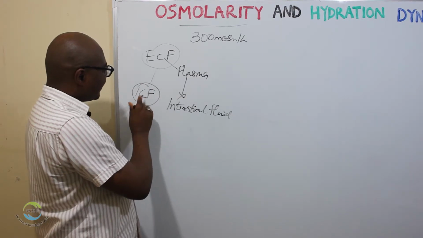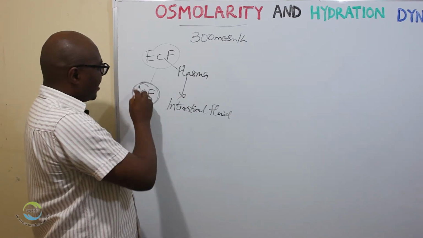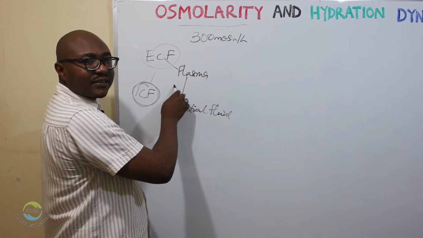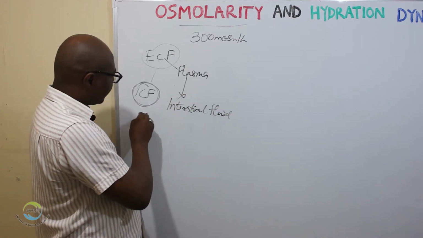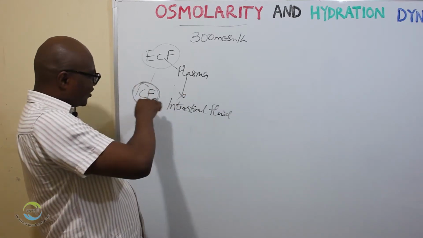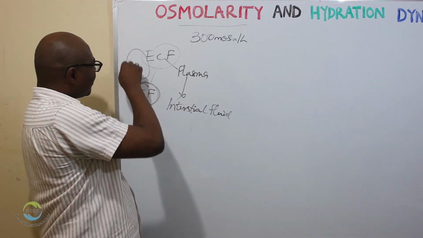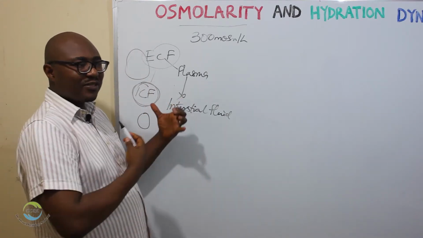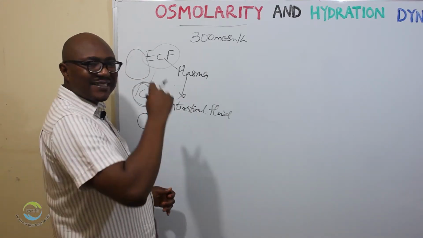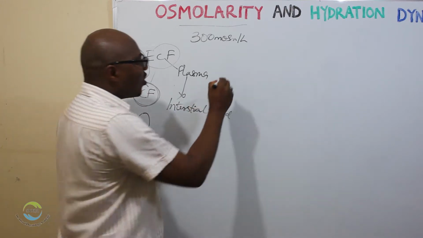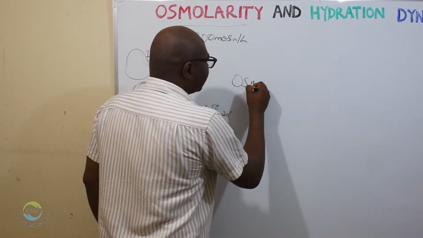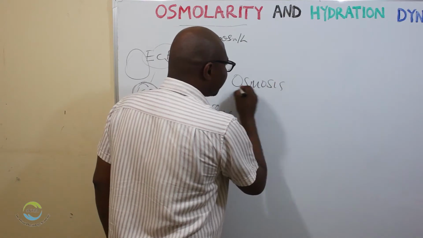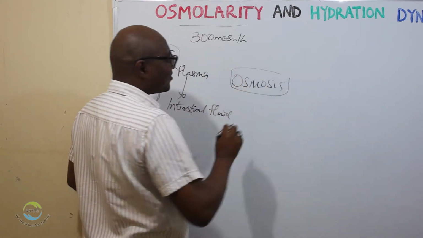If the cell is this size and it loses water, the cell becomes smaller. If it gains water, the cells become bigger. And that process of loss and gain is dependent on the laws of osmosis. We'll just visit it briefly.